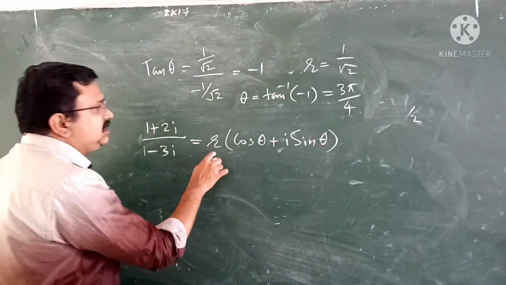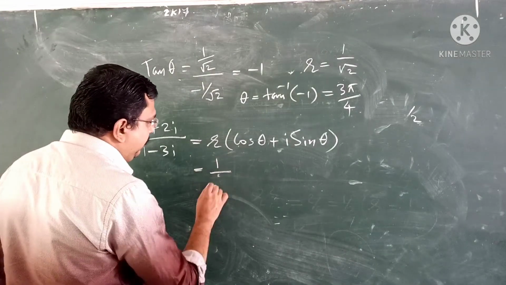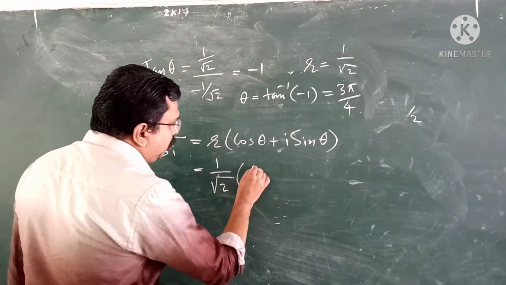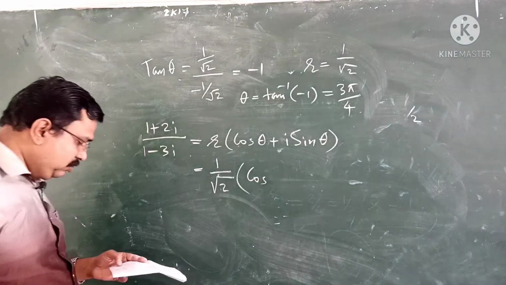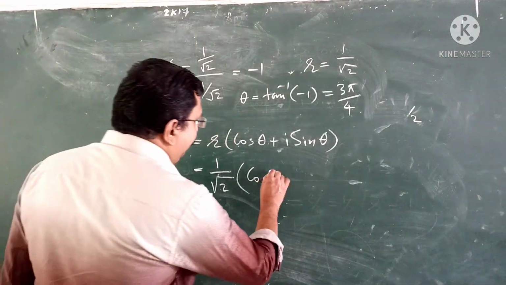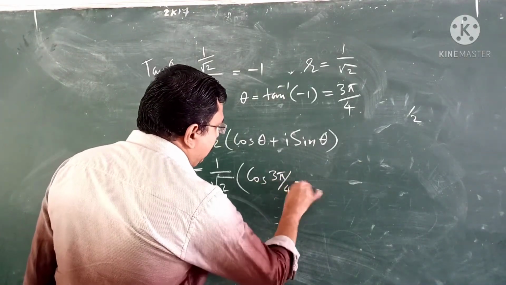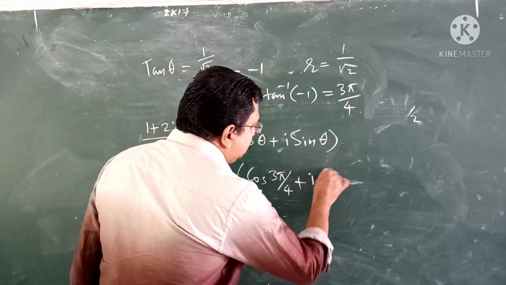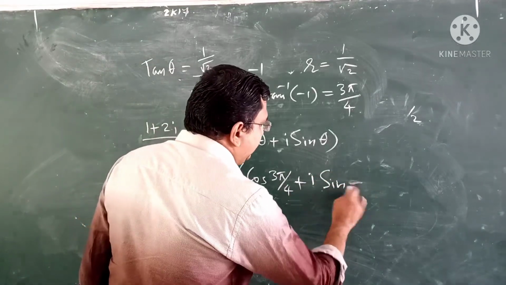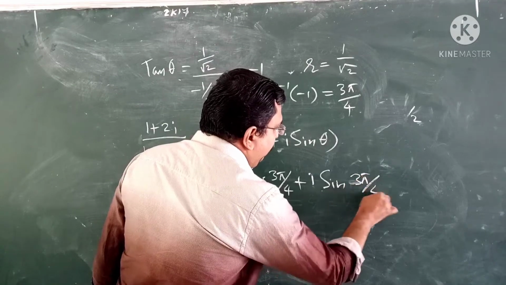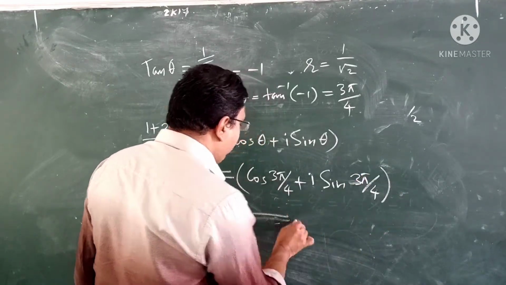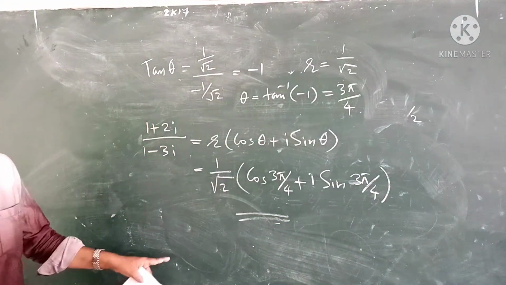That is equal to, what is our r? R is 1 by root 2 into cos theta. What is our theta? 3 pi by 4 plus i into sin theta. Theta is 3 pi by 4. This is our polar form. Okay, that is the final answer.